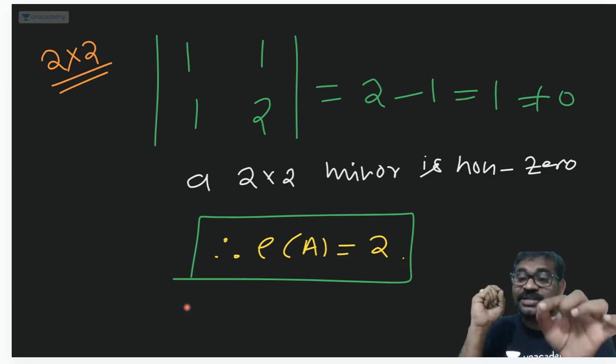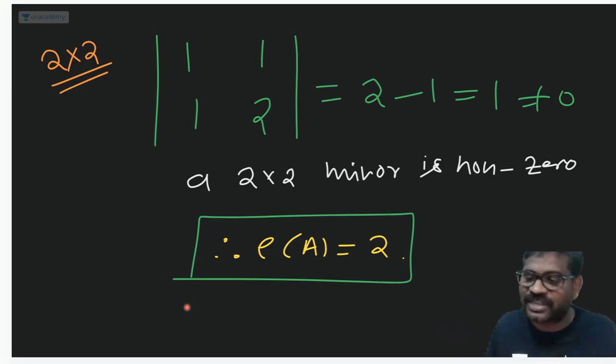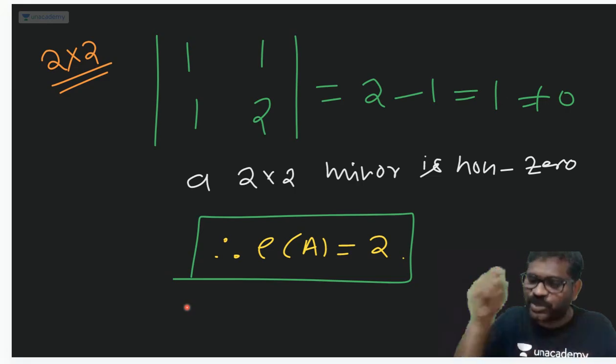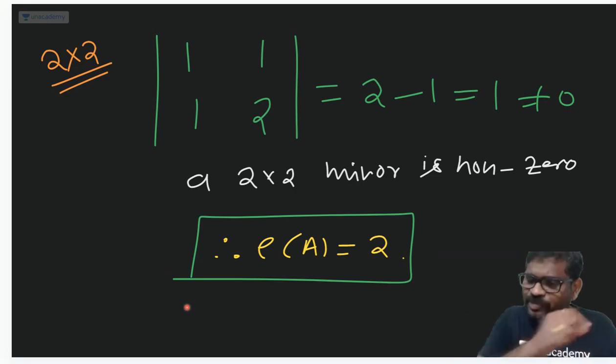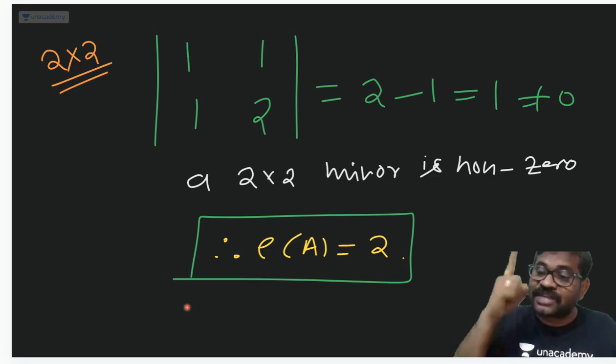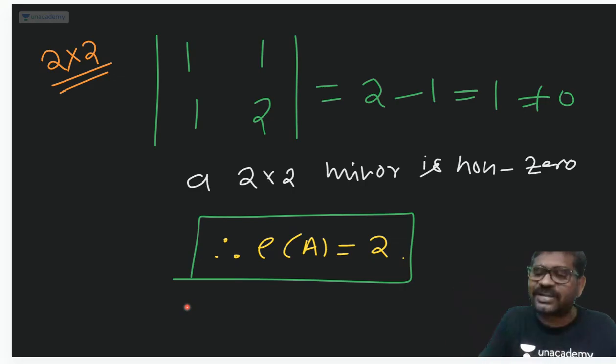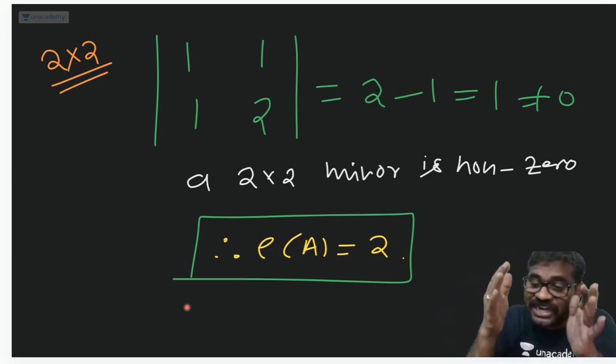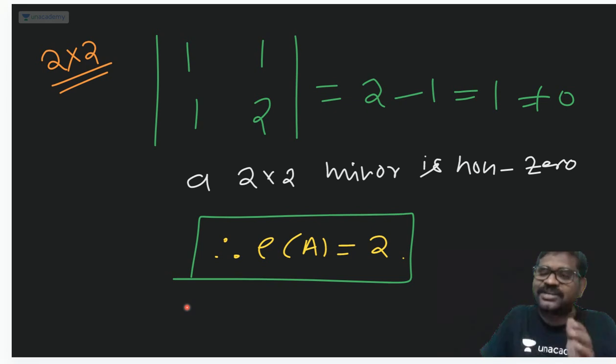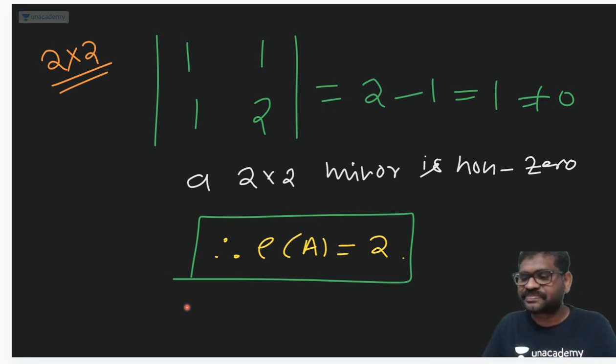Verify whether the value is 0 or non-zero. Just by one glance you can't say. After expansion only you will get the value. If the value is non-zero, the rank is its order. The order of that non-zero minor is called the rank.